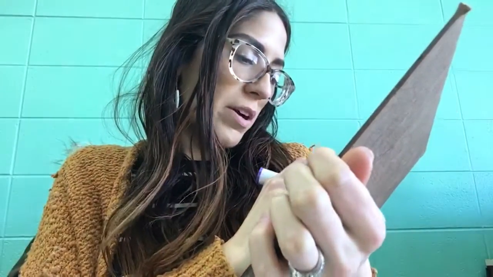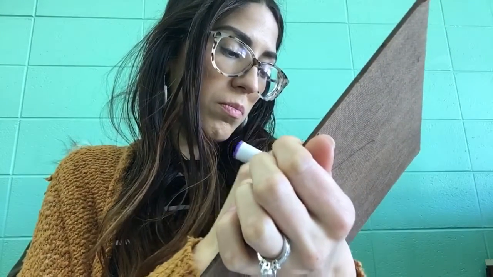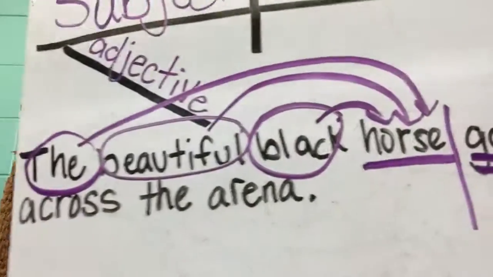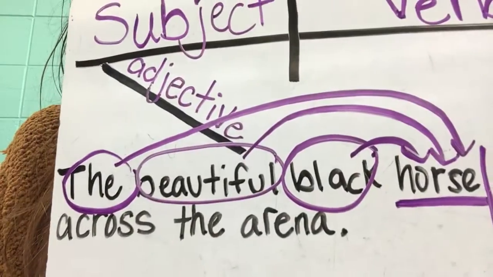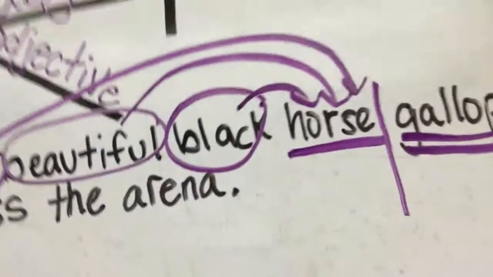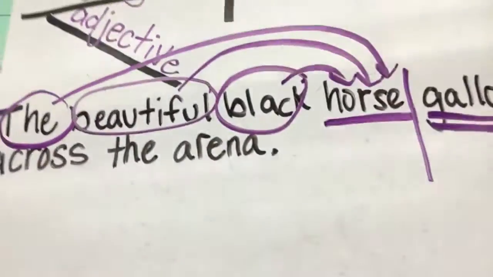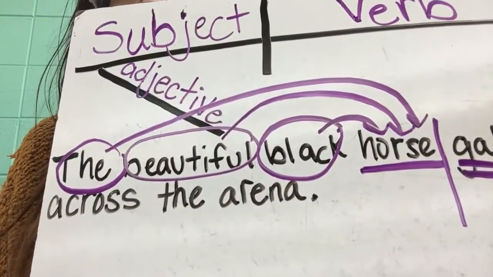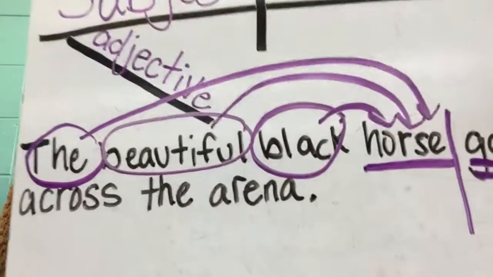So do that on your paper. See? I did the 3 different arrows, all to the noun, all to the subject, okay? Because they're describing the horse, beautiful horse, black horse.